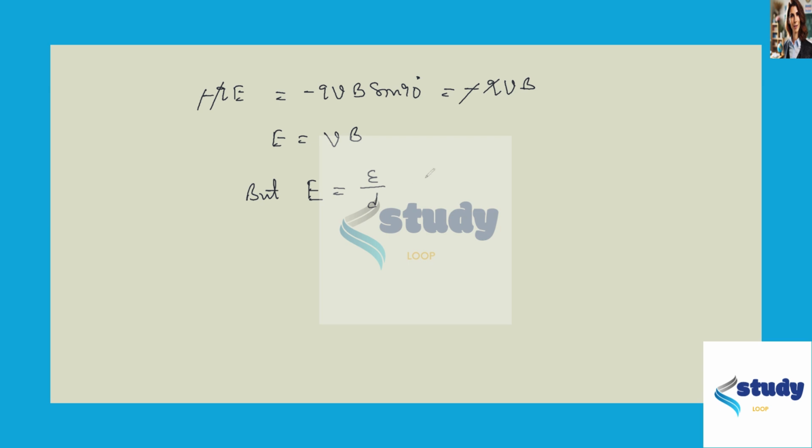So it will be D. When we put this value here, we will get epsilon by D is equal to VB. So finally, the expression for this EMF induced comes out to be VBD. This is the answer for the first part of the problem.